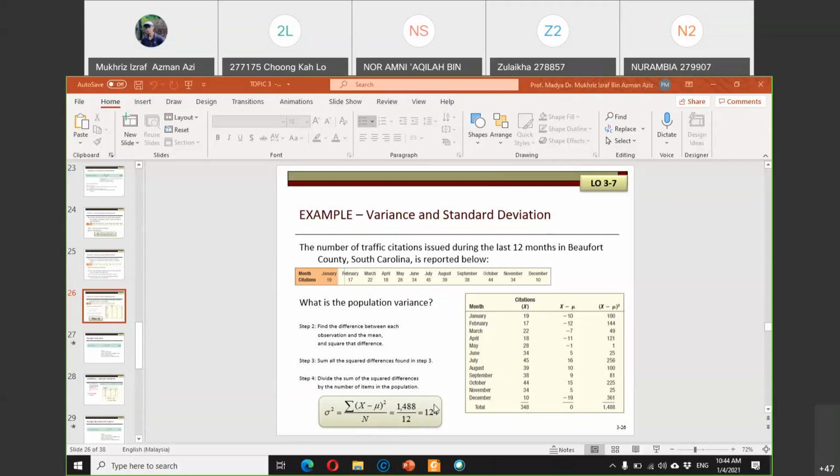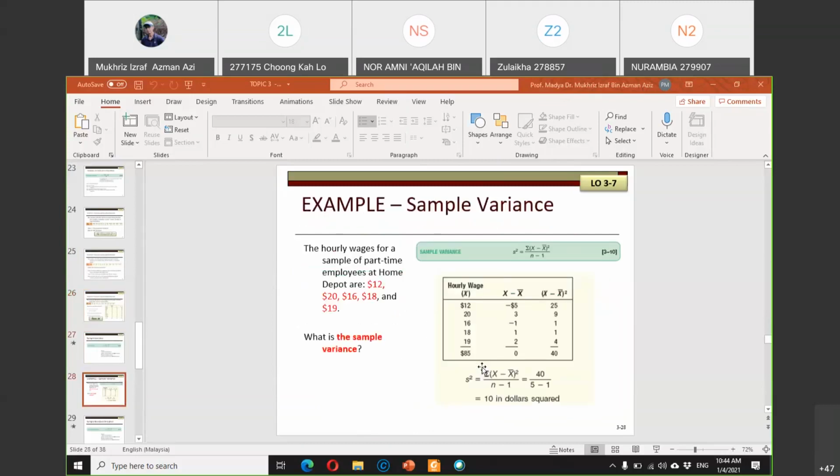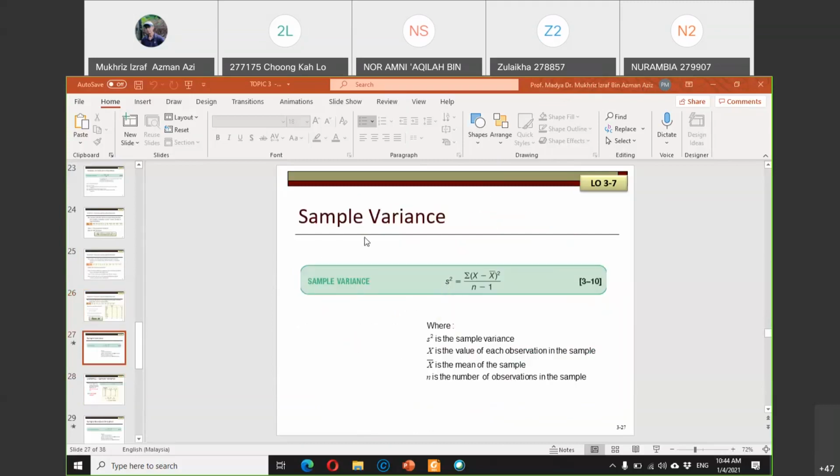Your answer will of course be different. So you need to know whether the question is referring to sample or population. If it is referring to population variance, divide by n only. But if the data belongs to a sample, the denominator is n minus 1.